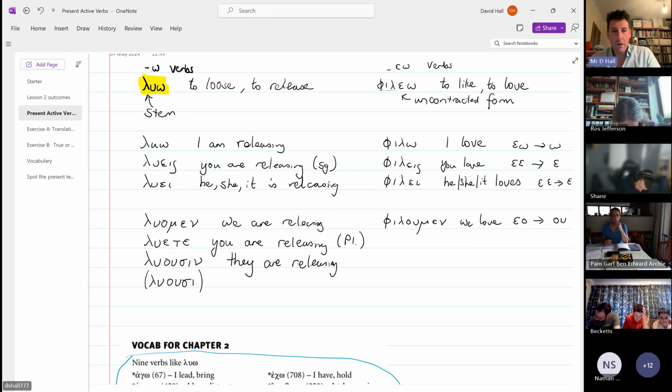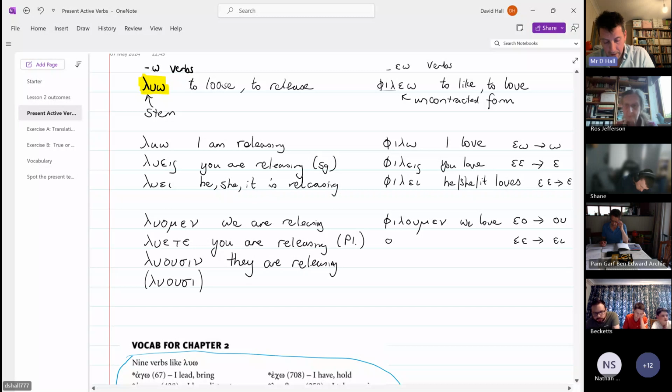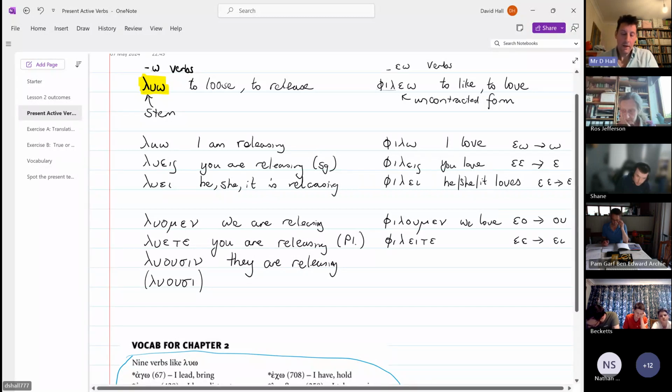For luete, we have a slightly different thing that goes on. And here, the two epsilons actually contract, for some reason, into an epsilon iota. So what we're going to end up with is filete.